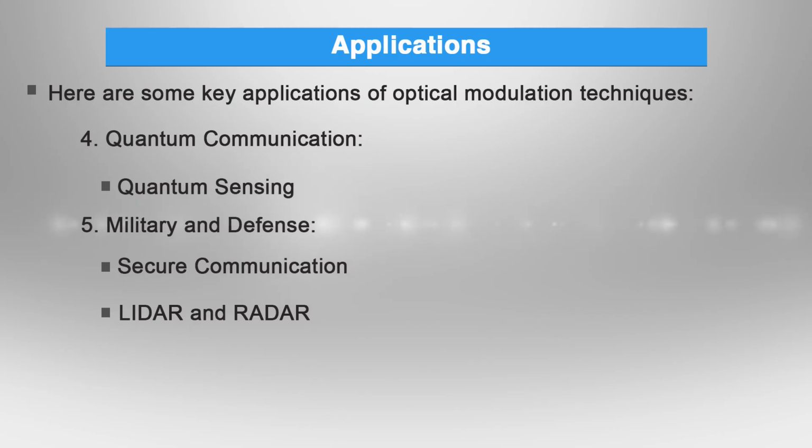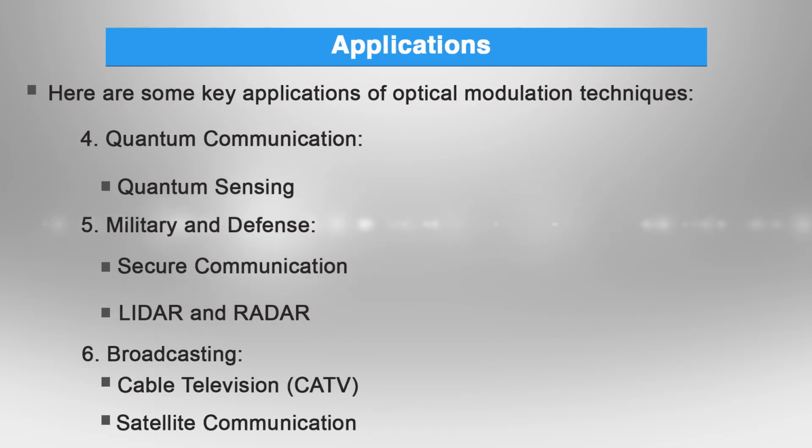It has secure communication. Optical modulation is employed in military communication systems to ensure secure high-speed data transmission. Techniques such as spread spectrum modulation help in protecting signals from interception and jamming. Next is broadcasting. Cable television.